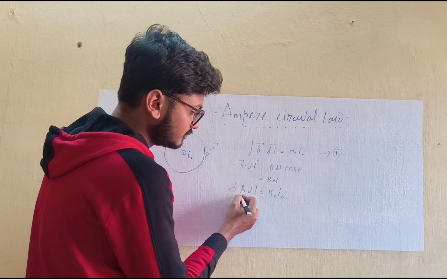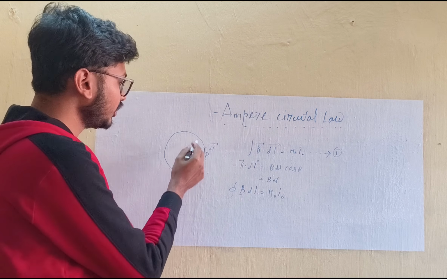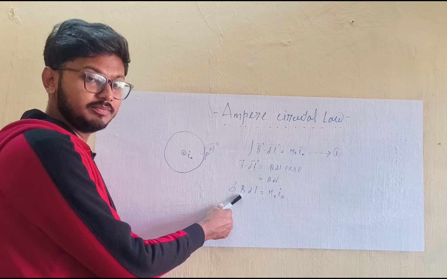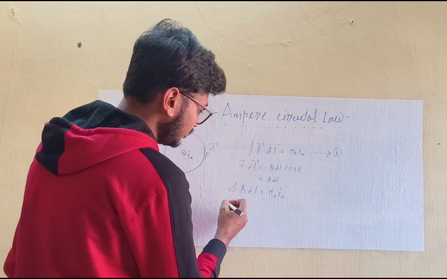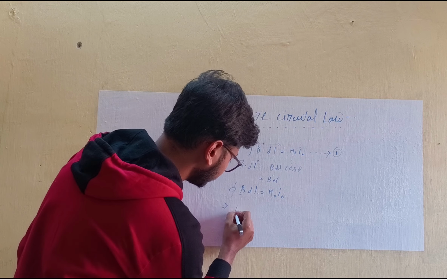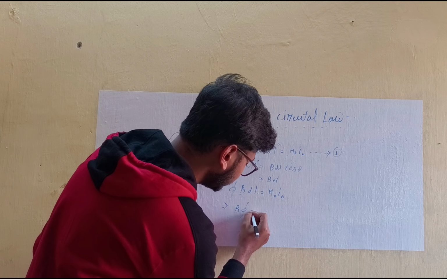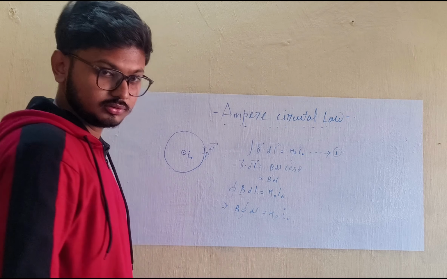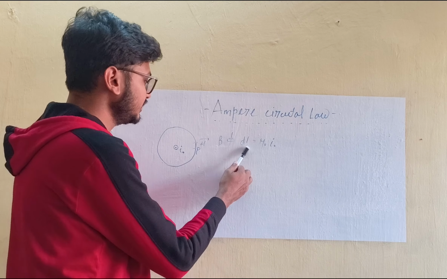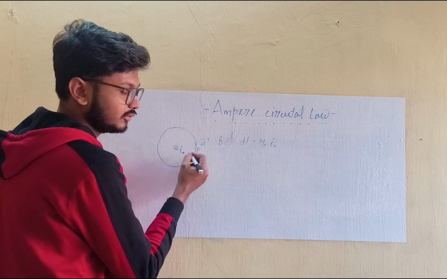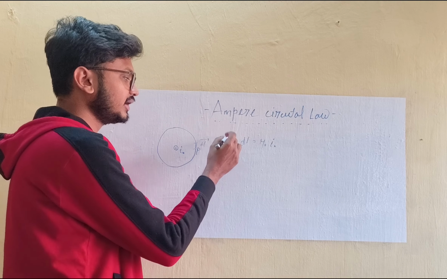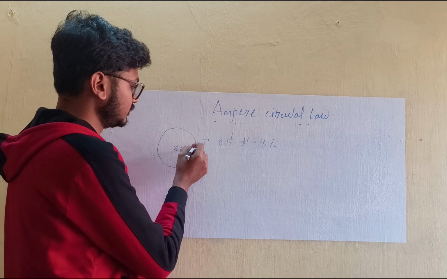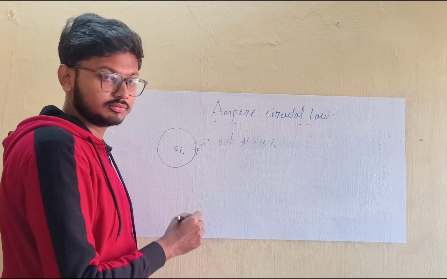Now as B is constant at any point in the circular loop, we can take B out of the integration. So we can write B times the closed integral of dl equals mu 0 times I0. Now as dl represents a small part of the loop, if we integrate dl along the closed loop, we will get the total perimeter of that circular loop.